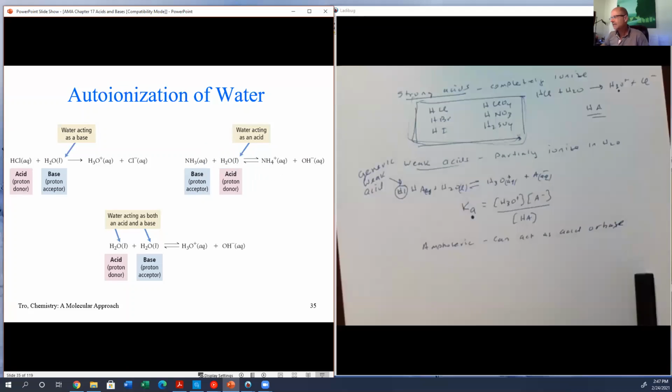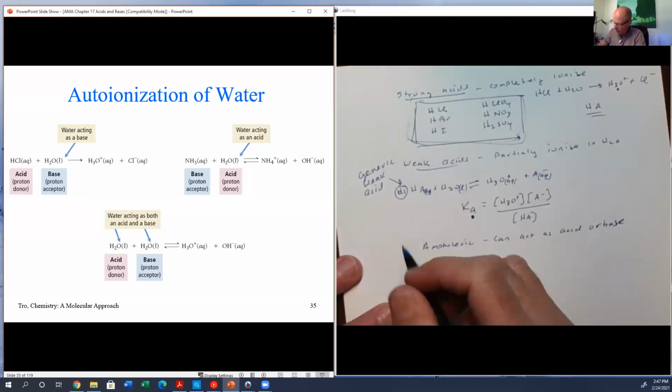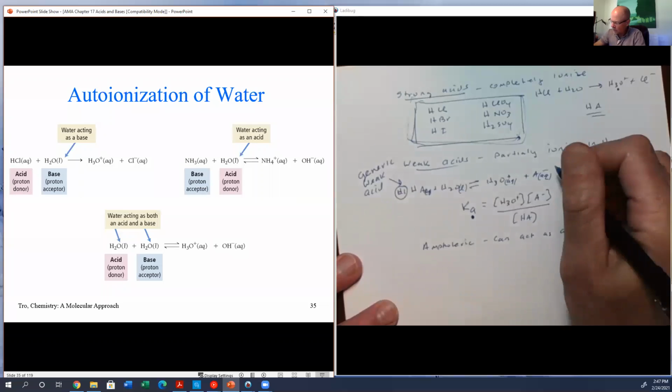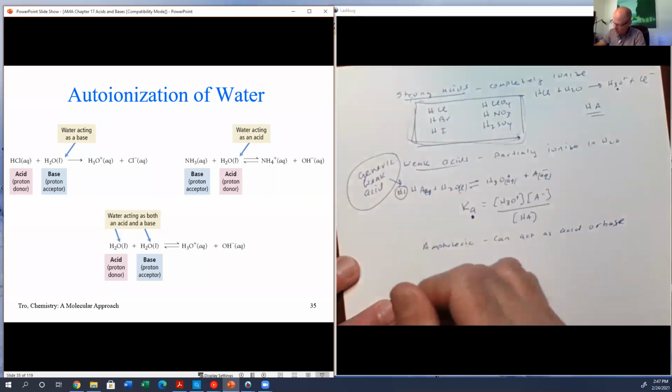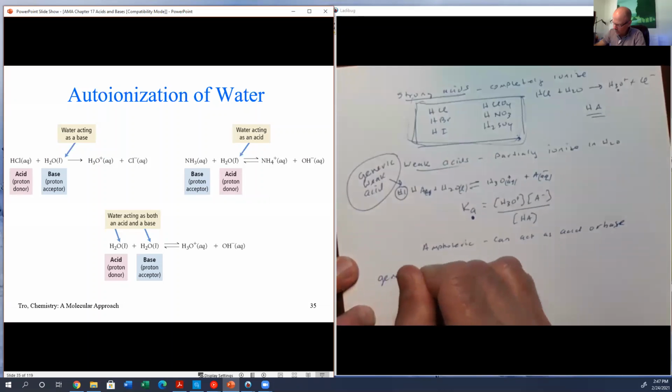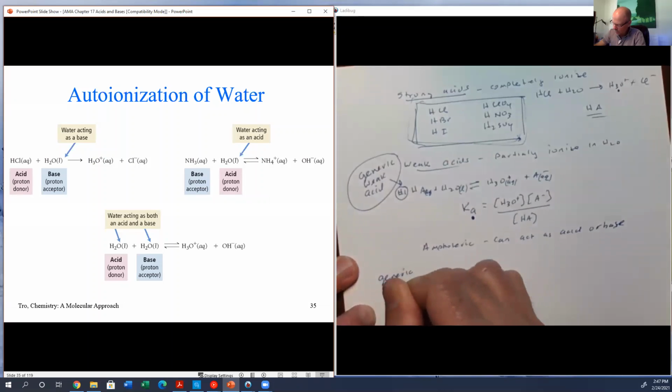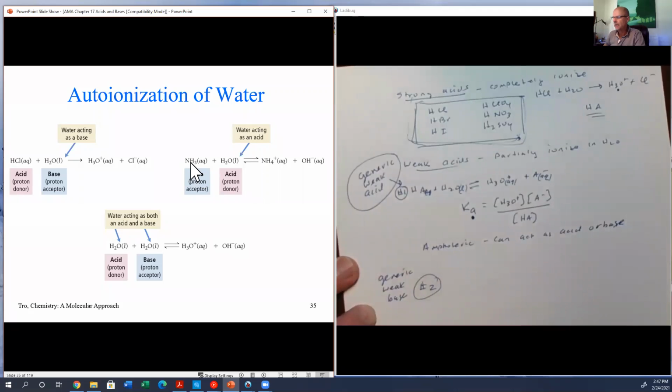Okay. This is an example of the second equation that's going to be very important for you to remember. So I'm going to write that one down as number 2. This is the generic weak acid equation, and here's the generic weak base equation. And it follows this pattern. I'm just going to write it down now and we'll come back to it in a minute.